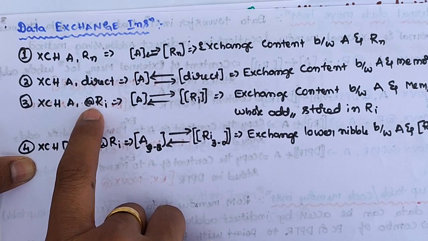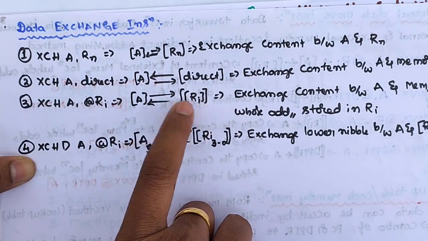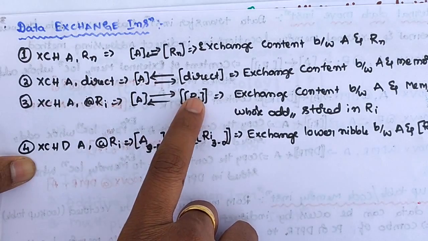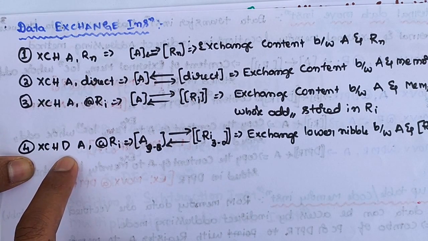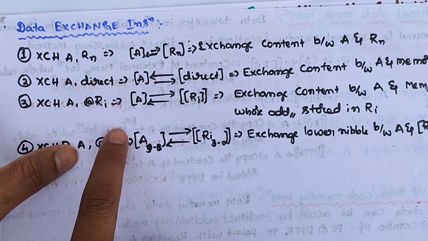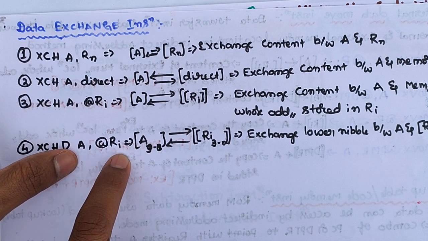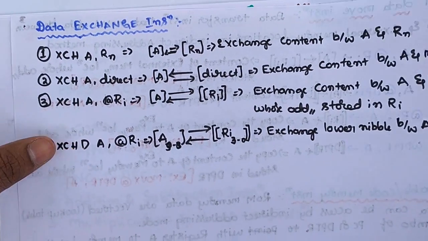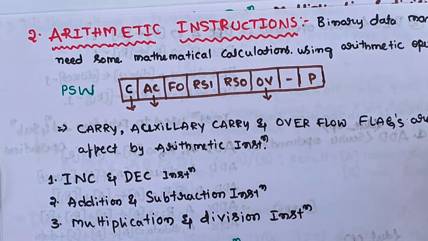And XCH A comma @Ri will exchange the content of the memory location pointed to by the register with the accumulator. And XCHD exchanges the lower nibbles, that is, the lower nibble, bits 0 to 3, of the memory location content is exchanged with the lower nibble of the accumulator.